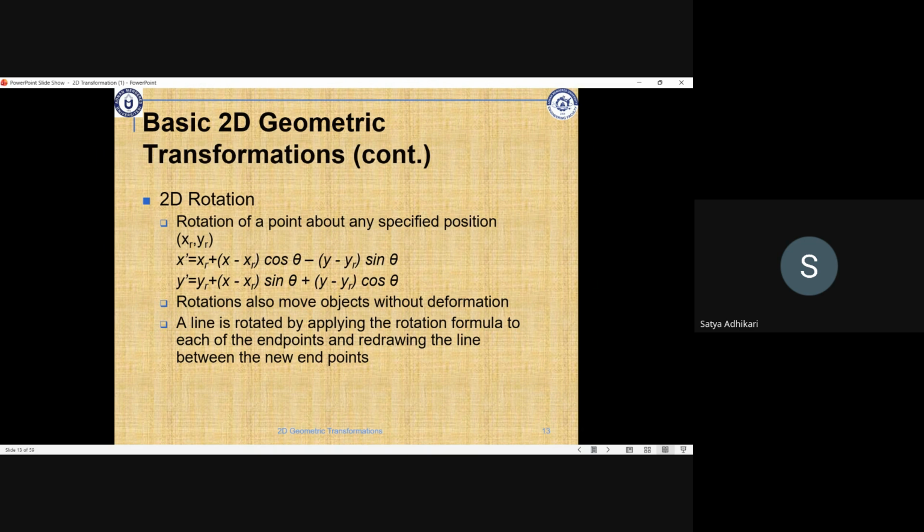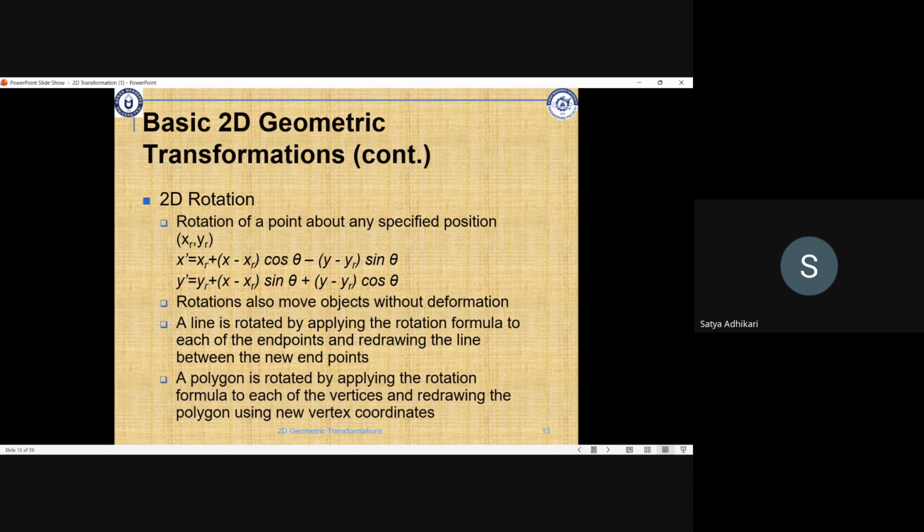Similarly, a polygon, a triangle, a rectangle, a hexagon can also be redrawn by only applying the rotation formula to each of the vertices. We need not apply the rotation formula to each and every point of the line. A polygon has some vertices, a rectangle has 4 vertices, a triangle has 3 vertices.